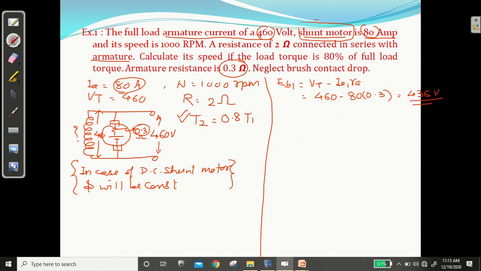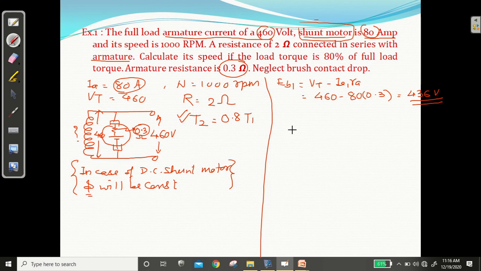I got it. Since it is a shunt motor, the flux will be constant. Flux will not change.